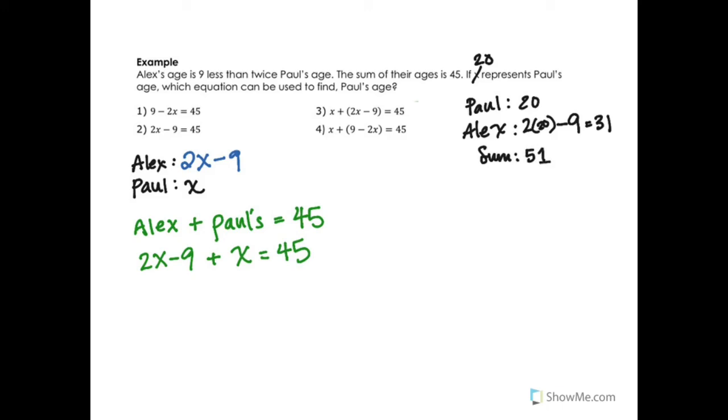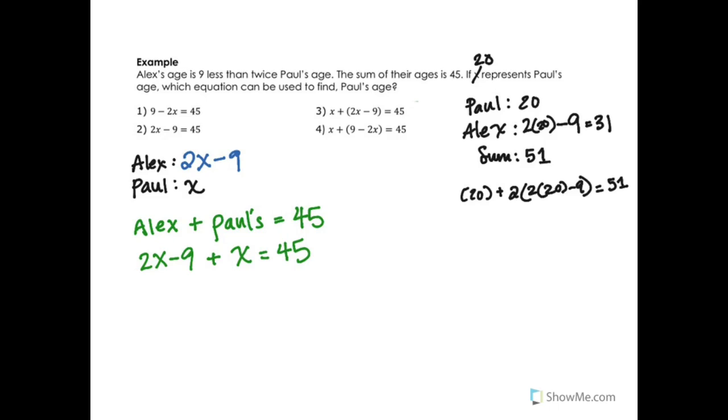So I'm going to check to see if I plug in 20 for the equation that I chose, does it work as well? If I do 20 plus 2 times 20 minus 9, does it give me the same thing? And it does give me 51 as well. So I know that the equation that I chose was correct.